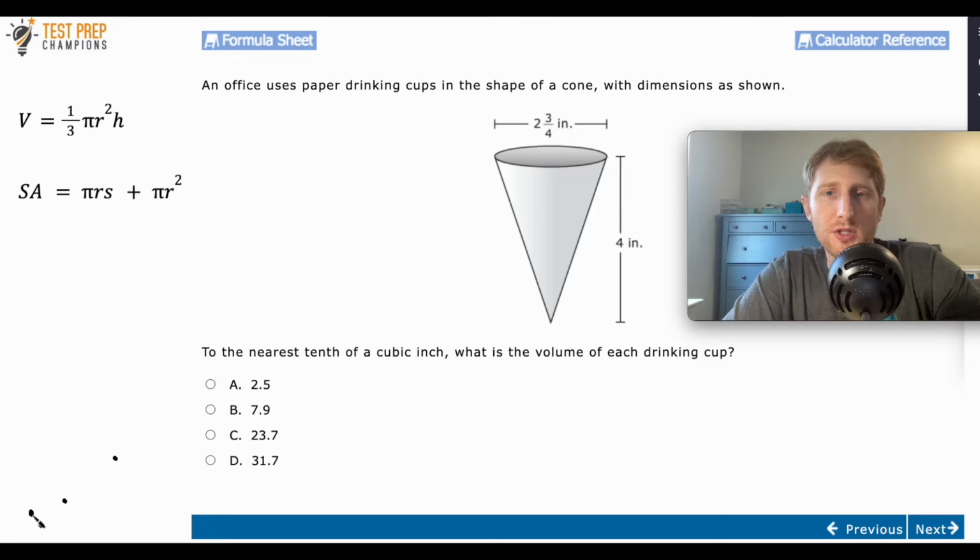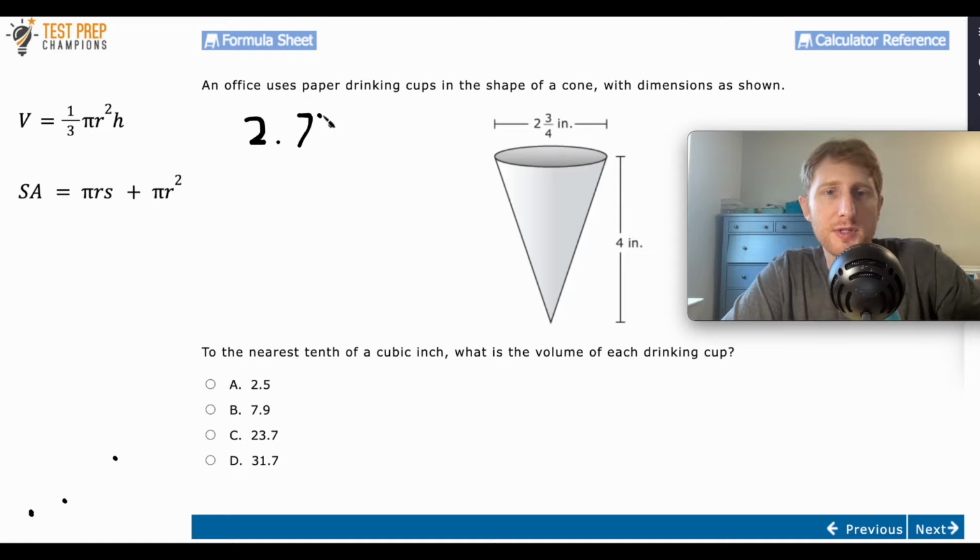Okay, so when I look at this question here, the first thing that I note is that what they're showing here is the diameter of the circular portion of this cone here. And the formula for volume calls for the radius. So the first thing that we're going to have to do is take this 2 3/4 inch and we're going to have to cut this in half to get the radius.